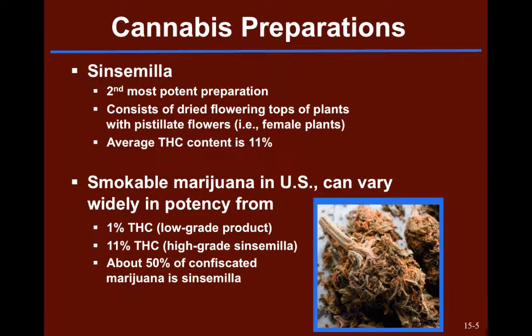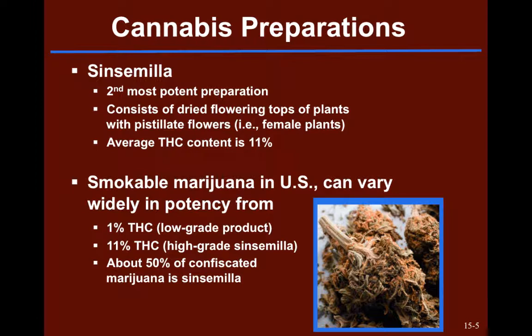In terms of why that's happening, the drivers for that increased potency, first of all, consumer demand. People are looking for more potency in their product, and then also the illegality. So if you're going to be taking on the risk of running a criminal operation to produce and sell marijuana, you know that marijuana with higher potency will gain you more profit. So we do see that profit driver there.